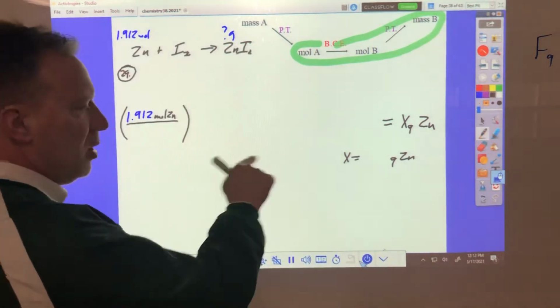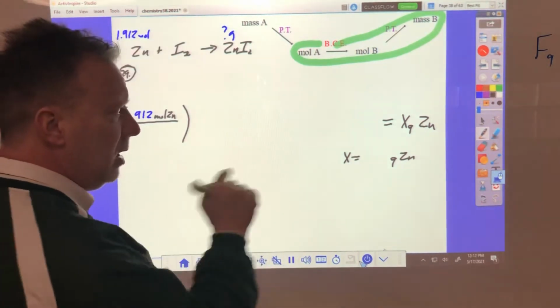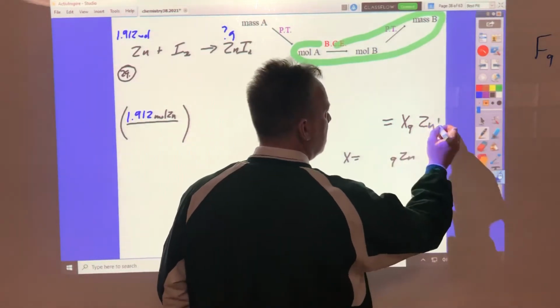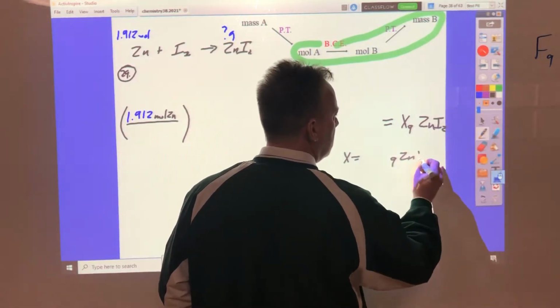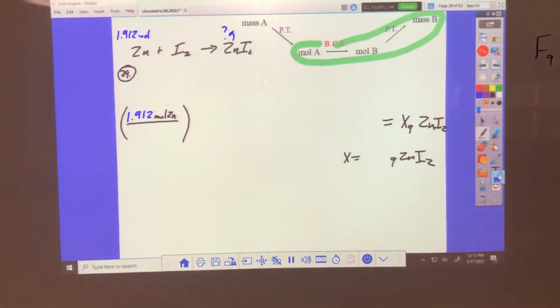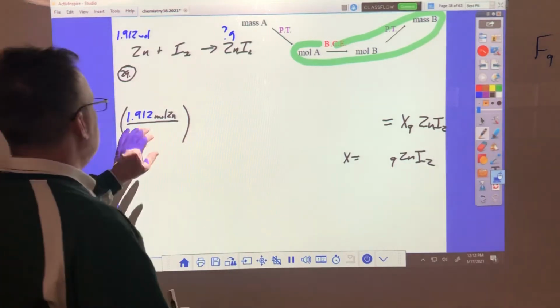Okay, this is going to be our theoretical yield. Theoretical yield. Zinc iodide, ZnI2. Okay. Theoretical yield.